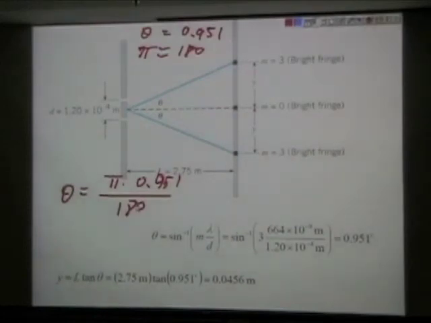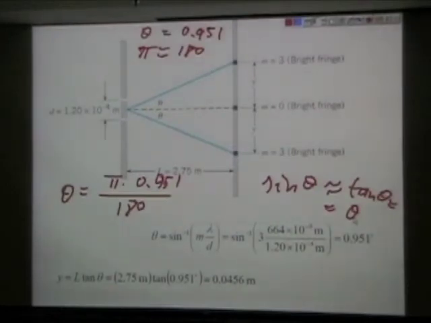So for this situation, the sine of this angle and the tangent of this angle would be equal to the value of this angle. So technically your solution is much easier. You can just take off these functions.